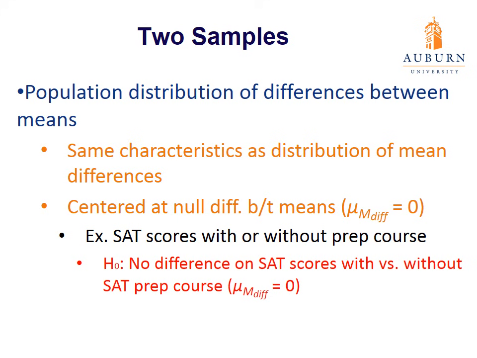So for example, in our SAT example that we've been working with, our null hypothesis is that there's no difference in SAT scores with or without the SAT prep course. So what we're saying is that if our prep course has no effect, then the difference between the means should be 0. If it has no effect, then the SAT scores in the no prep course condition and the prep course condition should be the same. And so when we subtract them, we should get 0.